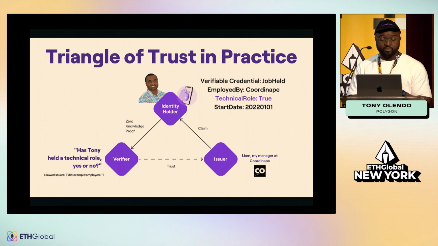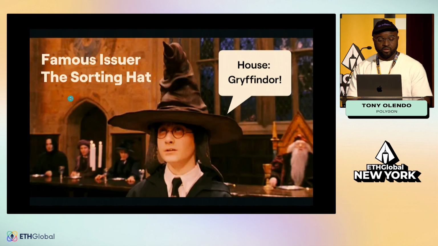All they would need to know is whether or not I had a technical role. And we could just give them that succinct piece of information and leave out the name of my previous employer or even my start date. So that's the kind of flexibility that we would see when you're looking at self-sovereign identity solutions such as Polygon ID and others.